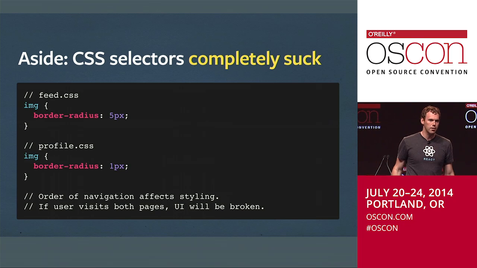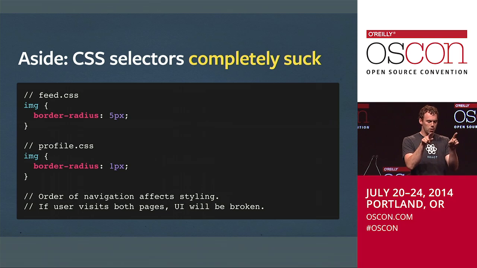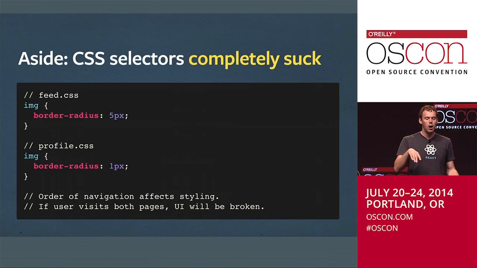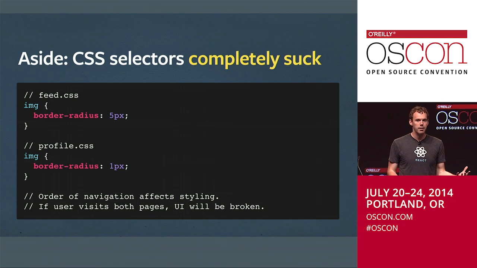We click on the author's name. All the images on the profile, we want to have 1 pixel rounded corners. But if we bounce back from the profile to the feed, because the profile CSS loaded last, all of the images on the page will still be rounded by 1 pixel, even though the feed is expecting a 5-pixel rounding. So the feed UI is going to be broken.